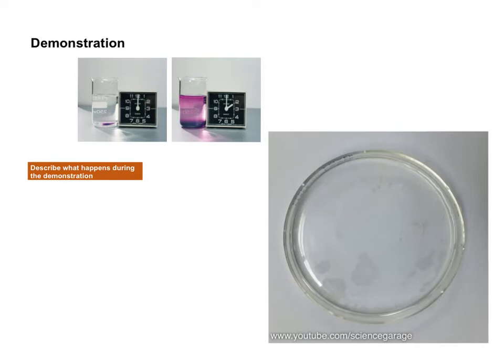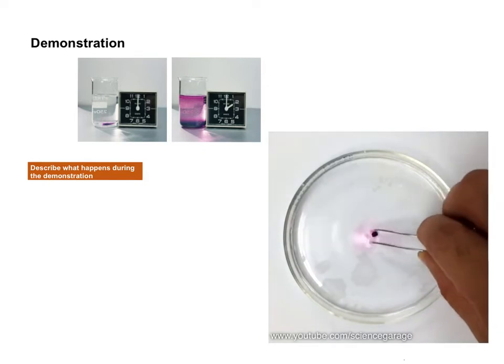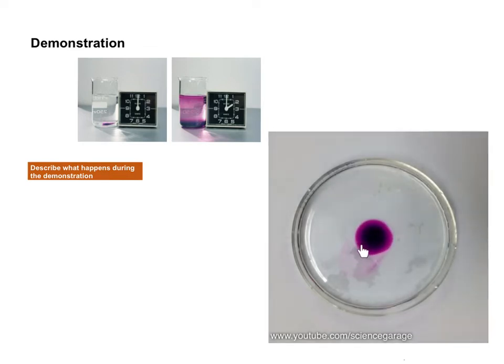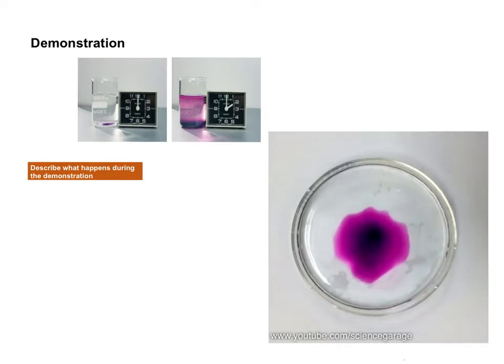So what we do is we use something called potassium permanganate. It's a purple colour, and what we're going to watch here is what happens. So it starts off quite concentrated in the middle, and you can see here it's really concentrated in the middle, but over time you can see it spreading out. So we're getting more particles spreading out towards the edge. It's still quite concentrated in the middle, but over time you can see it's moving and spreading.